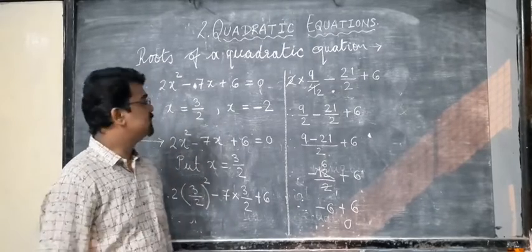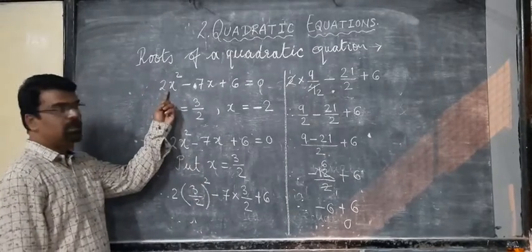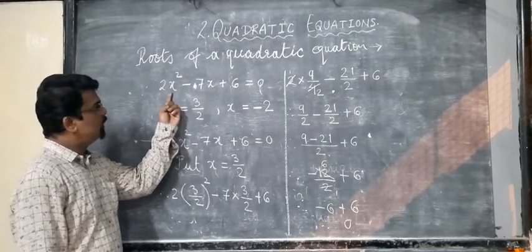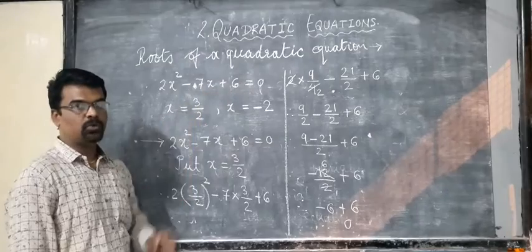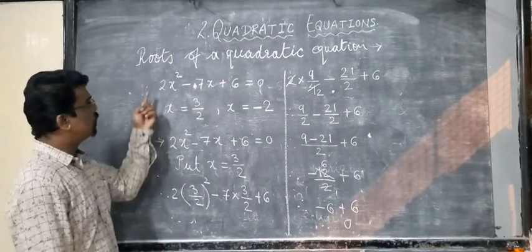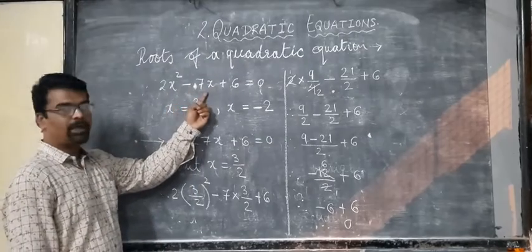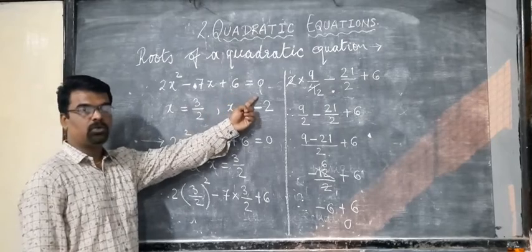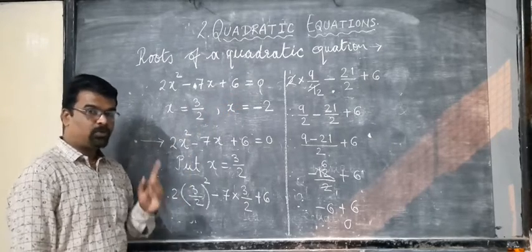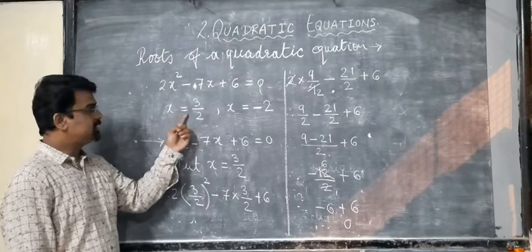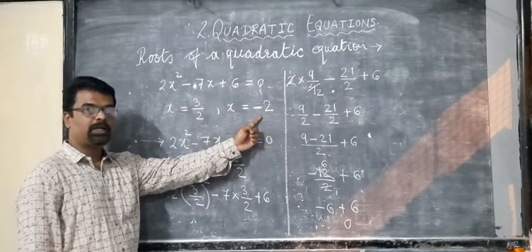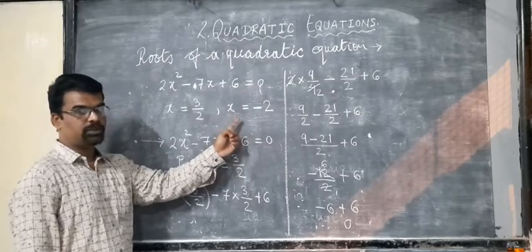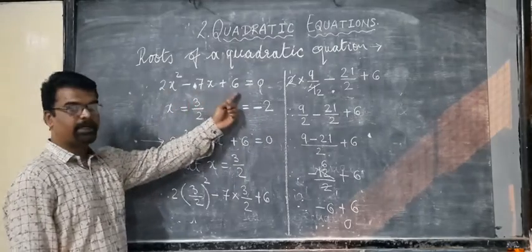Now let us study one example. Here the given equation is 2x square minus 7x plus 6 is equal to 0. This is the given quadratic equation. And we have to check whether x is equal to 3 upon 2 and x is equal to minus 2 is the solution or root of this given quadratic equation.